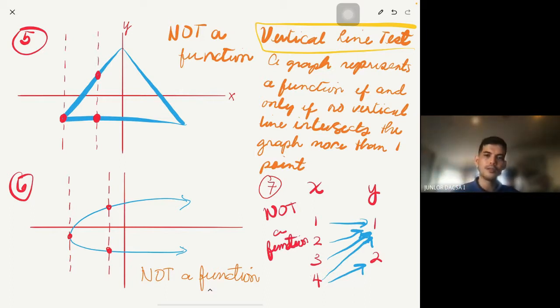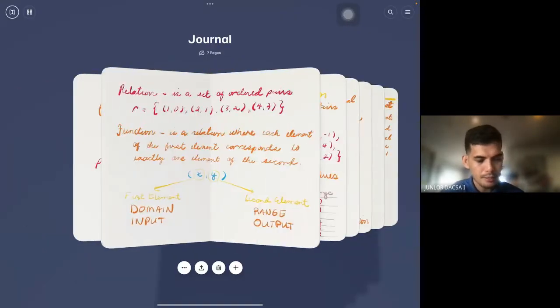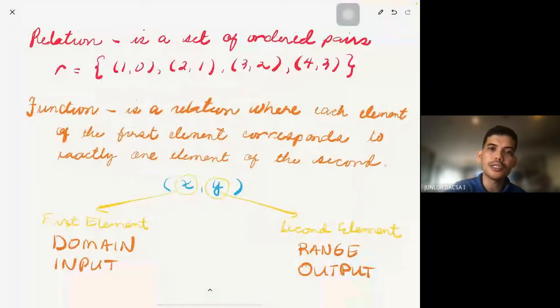Ayan. Okay? So, dapat through inspection kayo. Okay? Yan yung way natin kung paano malaman kung function or not. Okay? So, that's it for this review of representation of function. Again, kung re-review natin, a relation is a set of ordered pairs and a function is a set of relation where each element of the first element corresponds to exactly one element of the second.